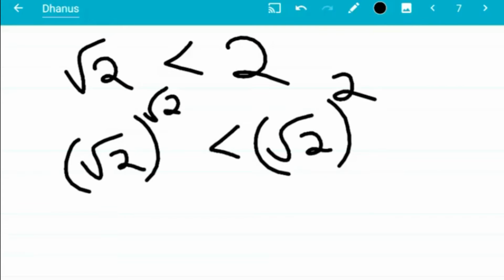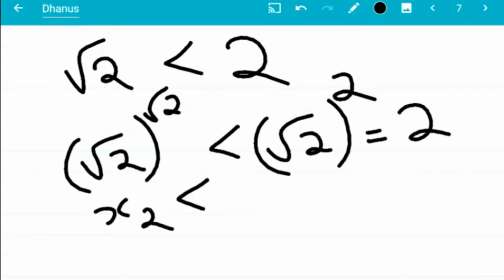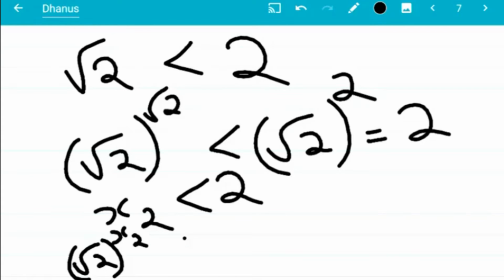Now this is equal to 2. So x2 is less than 2.